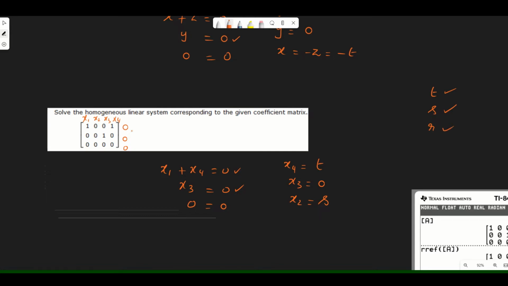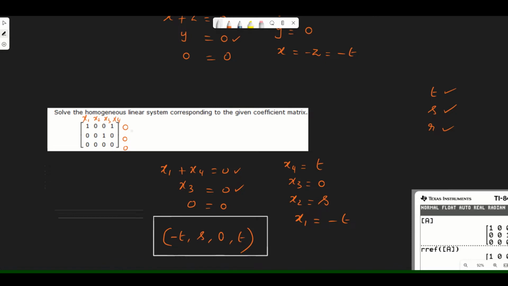So I started with t. For x2 I am taking the second choice s, and from the first equation I get x1 equal to negative x4, which is negative t. So the solution is x1, x2, x3, x4 equal to negative t, s, 0 and t. That is my solution for the second system.